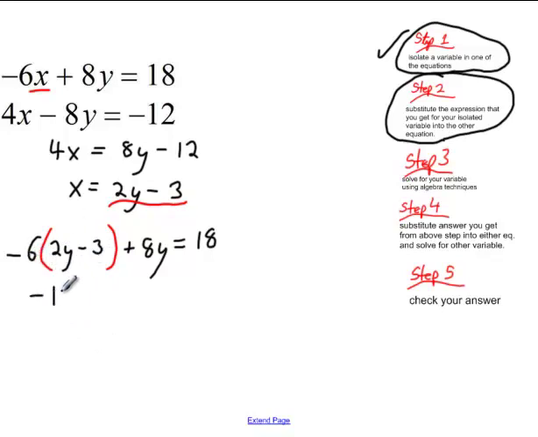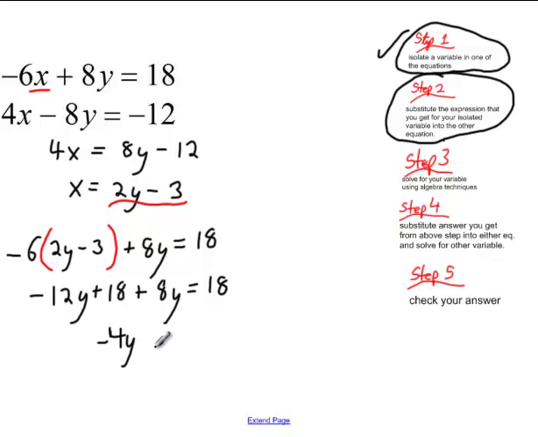So that's negative 12y plus 18 plus 8y is equal to 18. Now I'm going to combine my y's, so negative 12y plus 8y gives me a negative 4y.